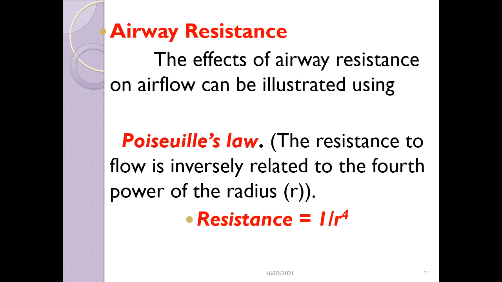The effects of the airway resistance on airflow can be illustrated using Poiseuille's law, which says that the resistance to flow is inversely related to the fourth power of the radius.